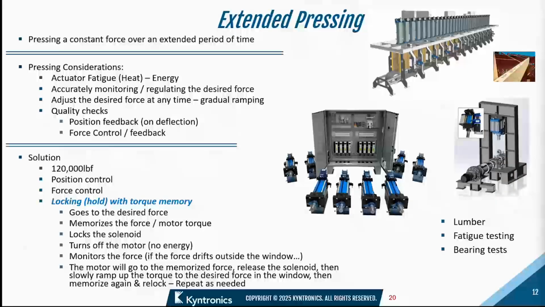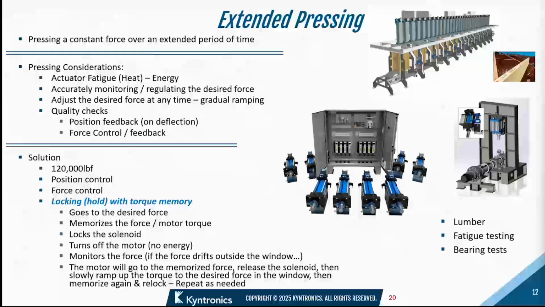So our solution, how it works is it'll go to the desired force. First, it'll do the position control, touch the product, go to force mode, and once you're at that 60 tons, it'll memorize the torque of the motor that produced that 60 tons, and then it'll lock the solenoid and turn off the motor.